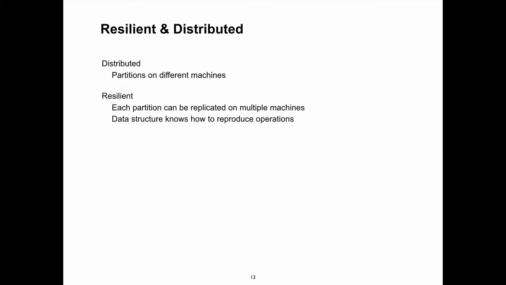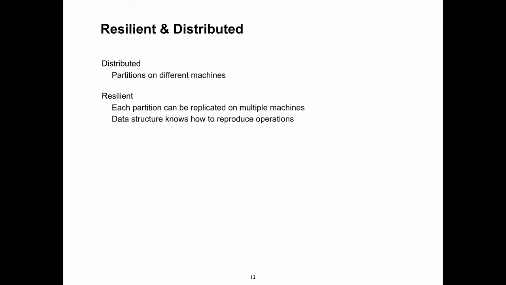But the resilient distributed part, distributed is easy, it's just multiple machines. Resilient, there's two ways to make things resilient. One is when you do a bunch of what they call transformations on either an RDD or a data set or a data frame, they're done lazily.